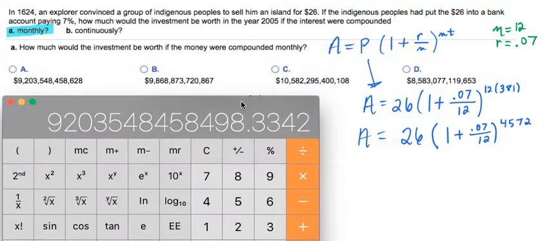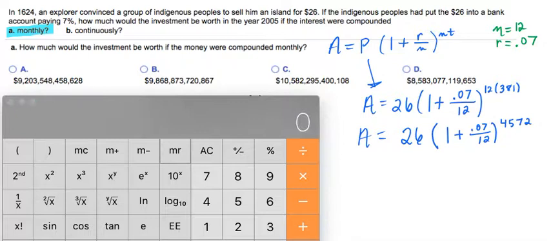Okay, I'm going to go backwards here. 894. None of them are ending in 894. I have a feeling that this is because of the years elapsed, is my best guess.